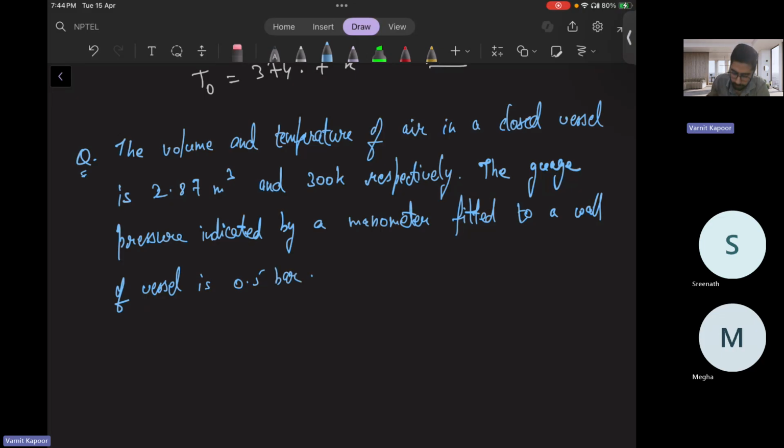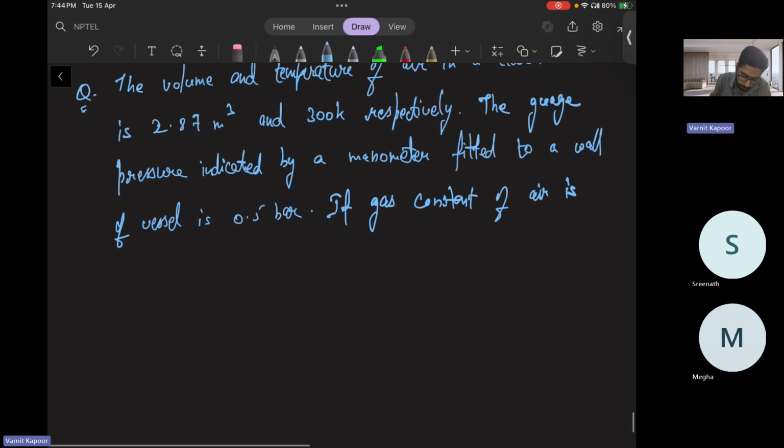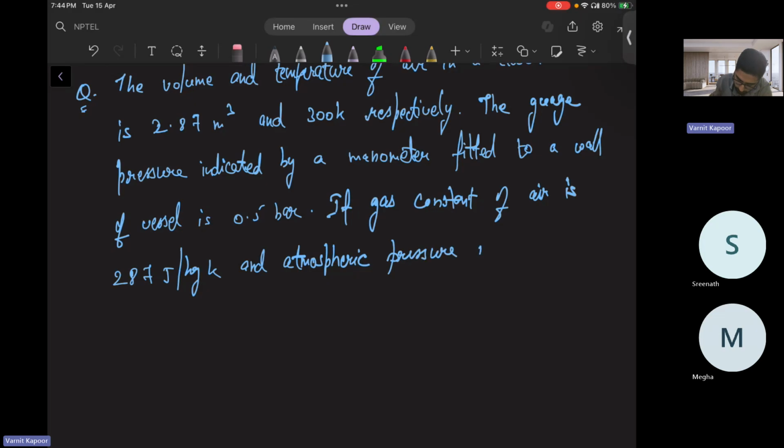If the gas constant of air is 287 joule per kg Kelvin and atmospheric pressure is 1 bar, the mass of air in the vessel is.